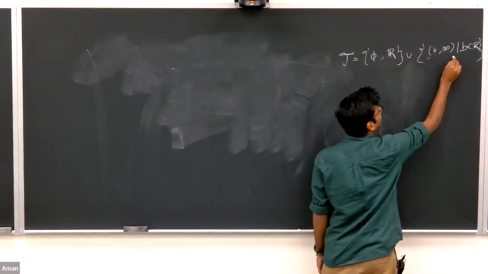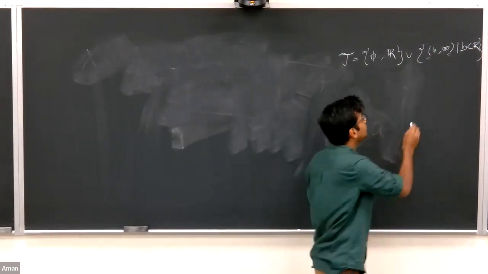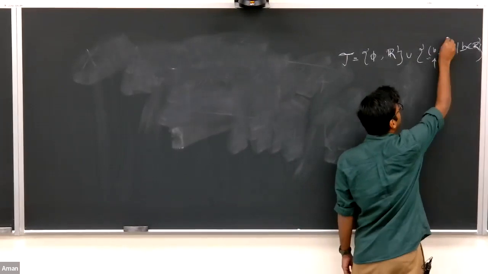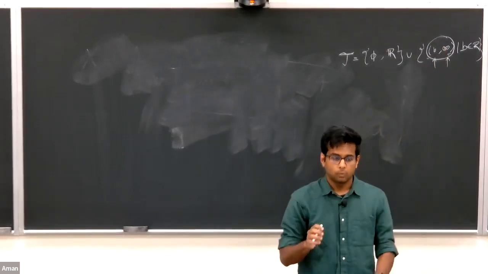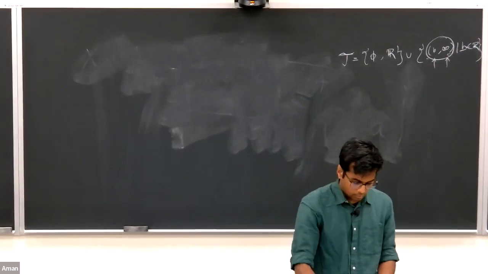So I had missed adding these brackets. Essentially, these two elements are not there individually. It's an open set from B to infinity. So if you have that in your notes, fix that.